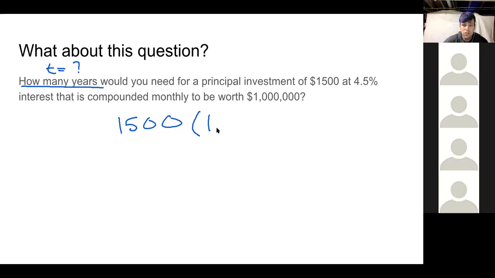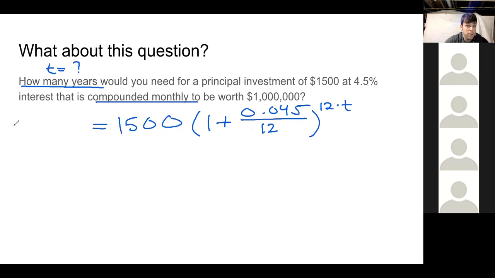We know the interest rate is 4.5%, so 0.045. We know that it's compounded monthly, which means 12 times a year, so 12. And we don't know the time, so this is going to be 12 times t. We do know how much the investment is going to be worth at the end. We want it to be worth $1 million.